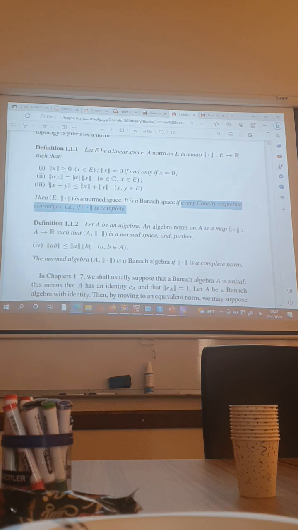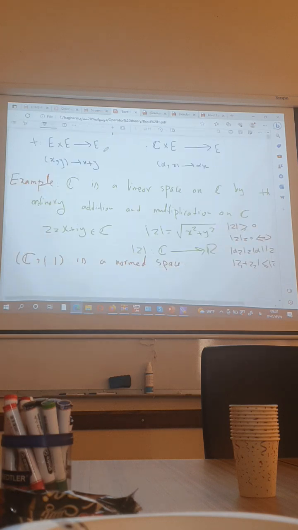2. The norm of alpha x equal to the absolute value of alpha multiplied by the norm of x. Okay? Please note that, what is alpha x? Alpha belongs to C, x belongs to E. So that alpha x is an element of E, because we say that we have this operation, okay?